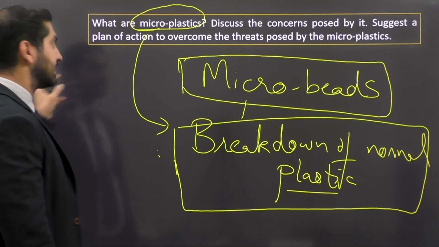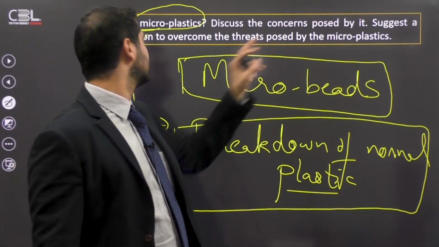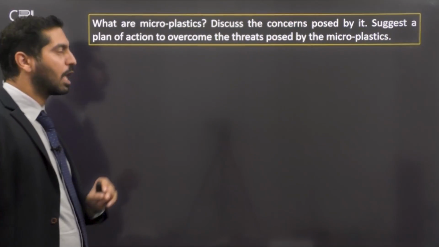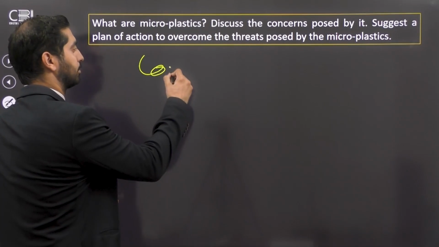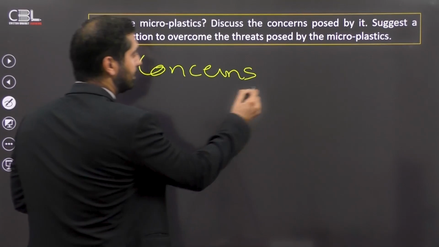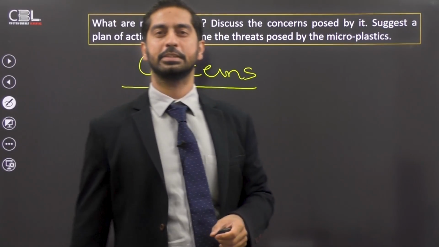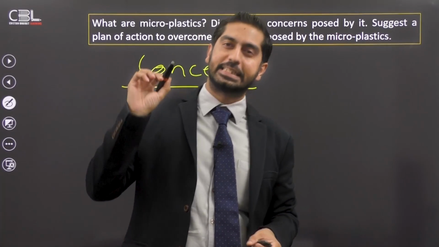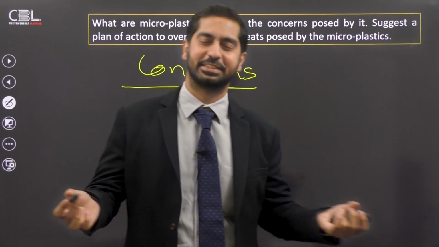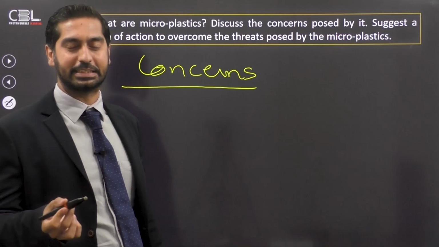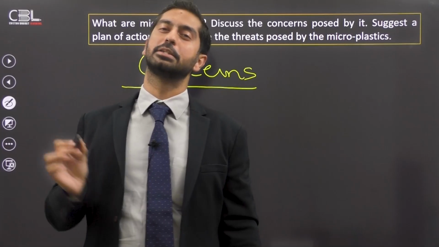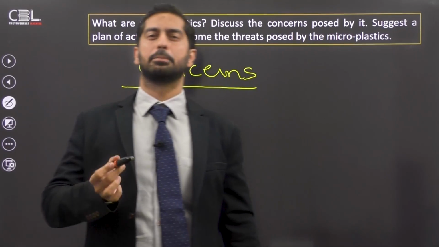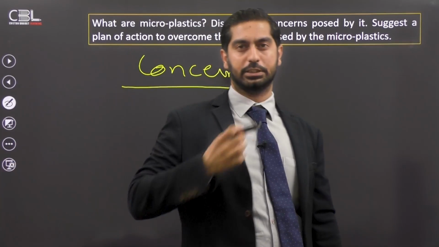Now, moving on to the second part of the question, discuss the concerns posed by microplastics. What do you think are the concerns posed by microplastics? First is that they escape the treatment process. Plastic is non-biodegradable by its very nature, so they keep on accumulating. They escape the filtration process, for example, the microplastics in the sewage.